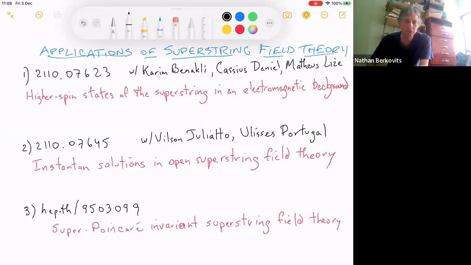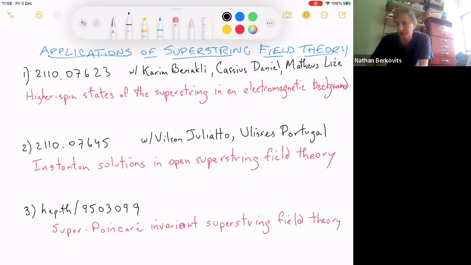If you want d=10 and manifest space-time supersymmetry, then the only way I know how to do it is using the pure spinor formalism, and there we can write down equations of motion, but we can't write down actions, which is not surprising, because there are no manifestly space-time supersymmetric actions you can write down in 10 dimensions. Okay, so that's more or less a summary of the first paper.